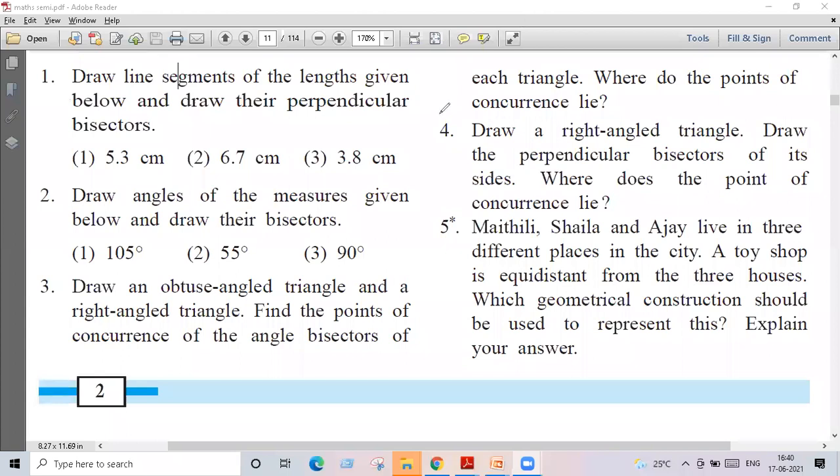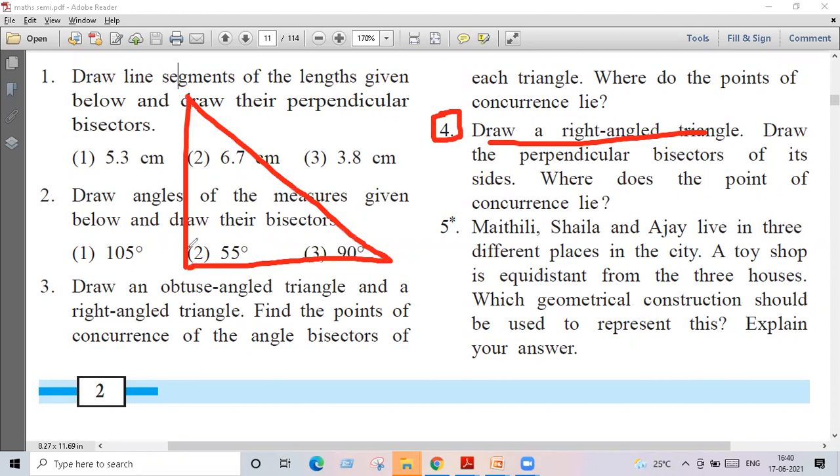Next you have to draw question number 4. Draw a right angle triangle. So we have to draw a right angle triangle with 90 degrees, and draw the perpendicular bisectors of its sides. So we have to draw the perpendicular bisectors.